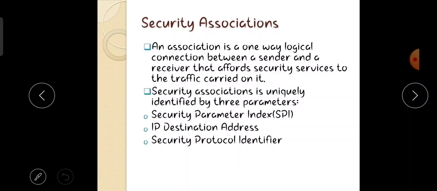This is the address of the destination endpoint of the SA, which may be an end user system or a network system such as a firewall or router. The third one is the security protocol identifier. This field from an outer IP header indicates whether the association is an AH or ESP security association. That is all about security association.